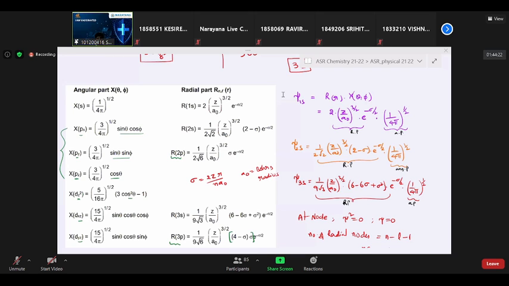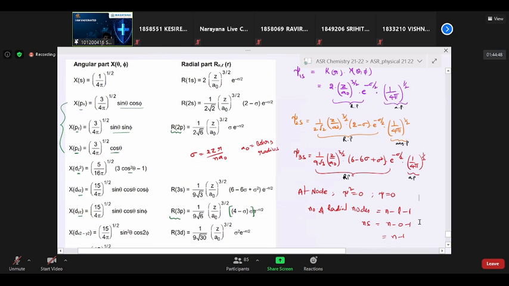Then which will be 0? 6 minus 6 sigma plus sigma square. If a into b is equal to 0, then a may be 0 or b may be 0. At a node, psi square is 0, so psi should be 0. So the number of radial nodes for 3s is 3 minus 0 minus 1, that is 2. Right, there are two radial nodes.